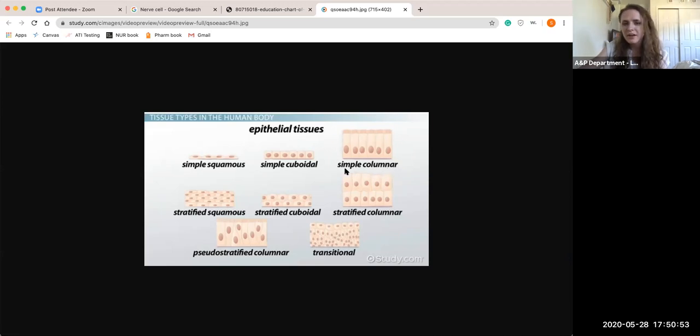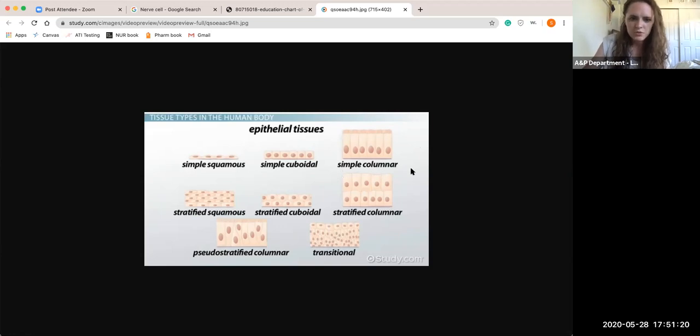In this, you're going to find your goblet cells. We're going to talk about goblet cells a little bit later, but know that in simple columnar, you find goblet cells. I like to think of them as holding a goblet of mucus. They secrete a bunch of mucus.